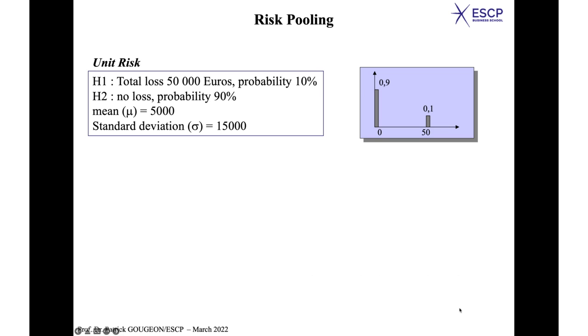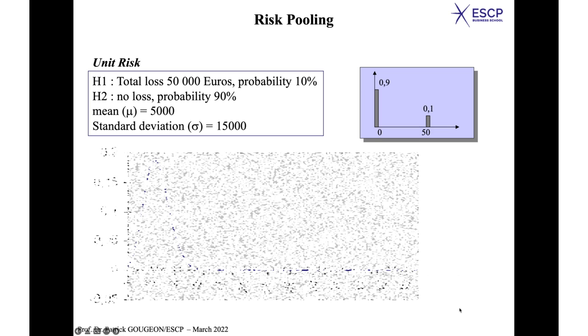Either you have a total loss of 50,000 euros, with a probability of 10%, or you have no loss with a probability of 90%. This is the description of the unit risk. As you can see, the mean is 5,000, 10% of 50,000. And the standard deviation, I'm assuming you know how to calculate it, but believe me, here we have 15,000.